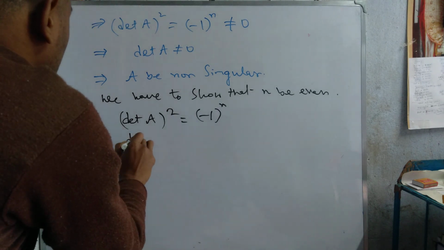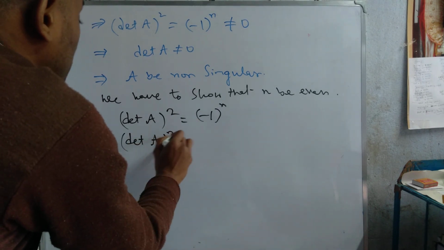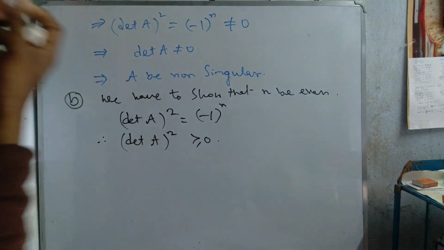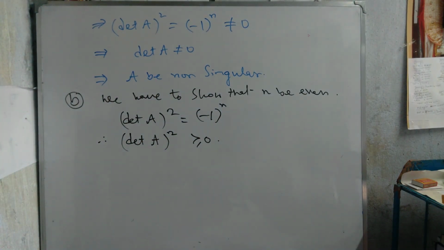We know that det A square is obviously greater than or equal to 0. Why?